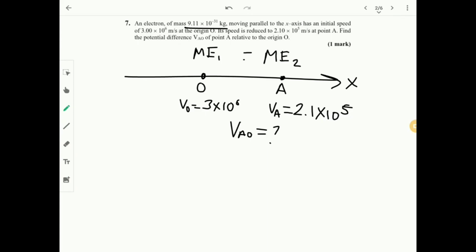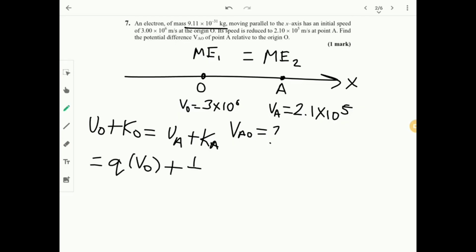These two are equal, so we can say very easily U0 plus K0 equals UA plus KA. Is anything cancelling? No, so we continue: Q times V0 plus half m v0 squared equals Q times VA plus half m vA squared.